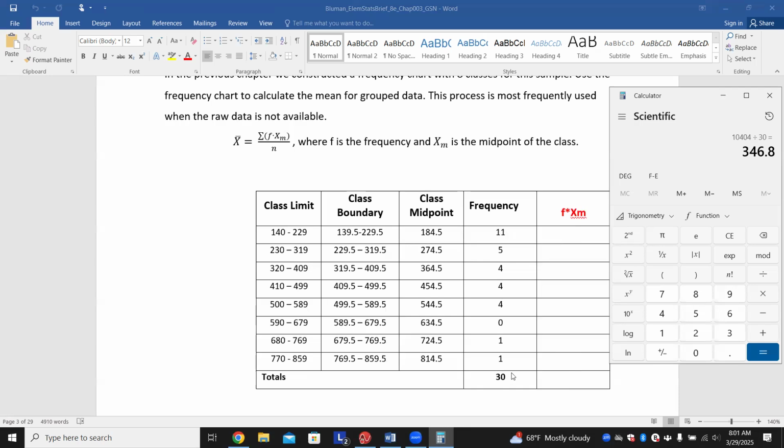Again, with 30 universities. And you'll see that you should get the same or roundabout the same answer. All right, so here we go. So I'm going to do 11 times 184.5. And I see I get 2,029.5.